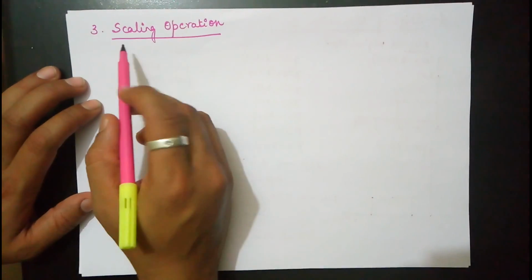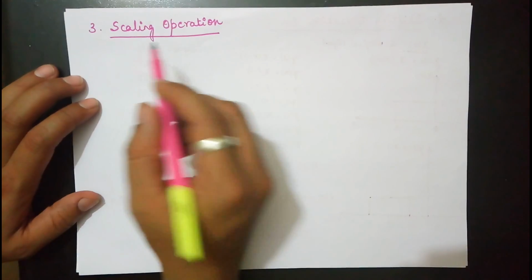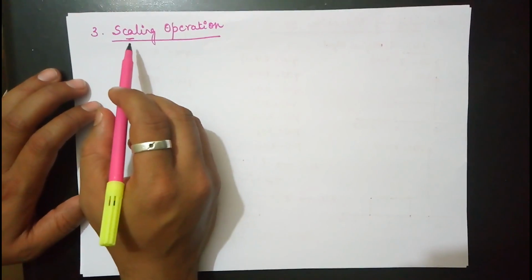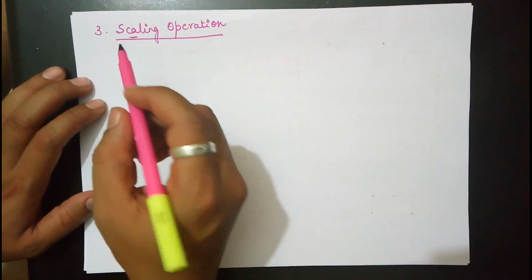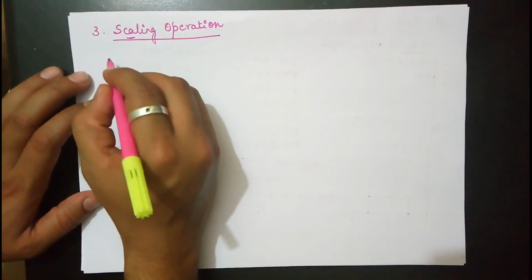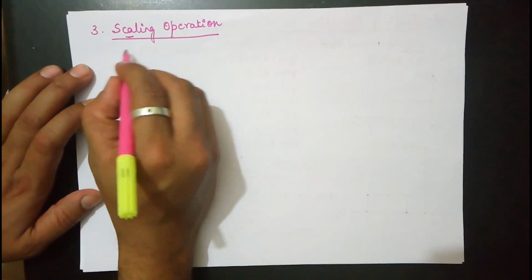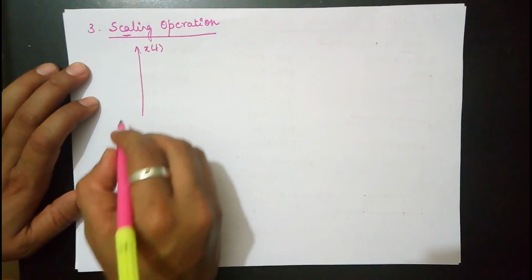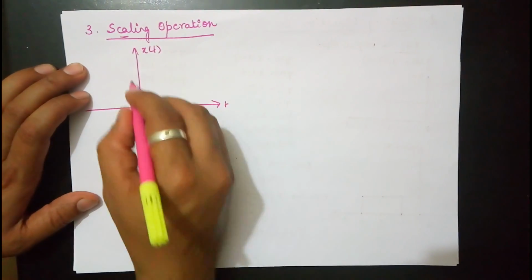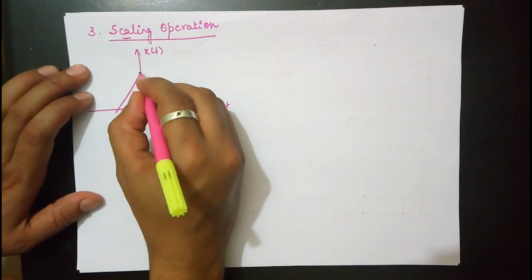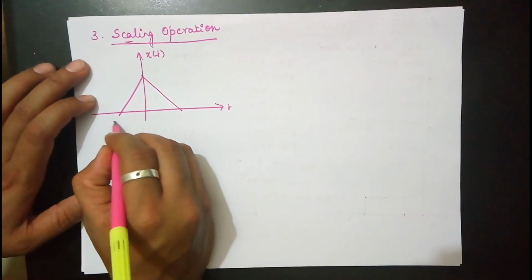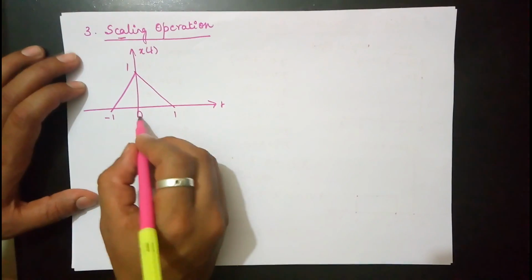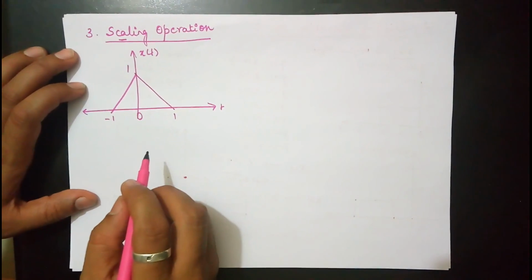The next operation which can be done on an independent variable t is the scaling operation. Now I would like to explain this with an example. So let me take an example of a continuous time signal. Take a triangular wave which extends from -1 to +1 with an amplitude of 1 at t is equal to 0.